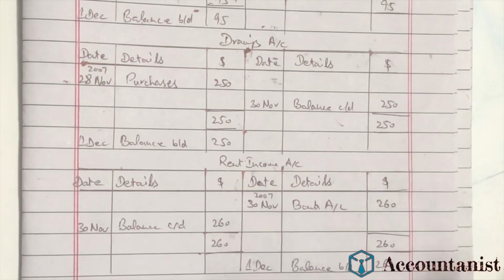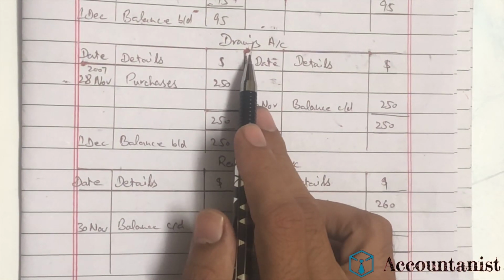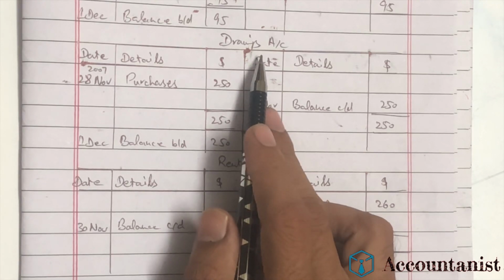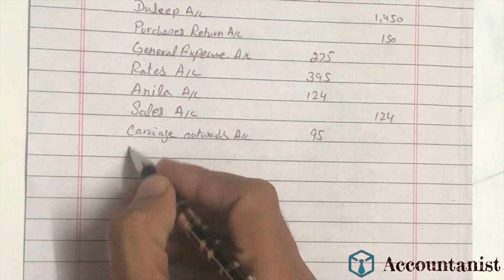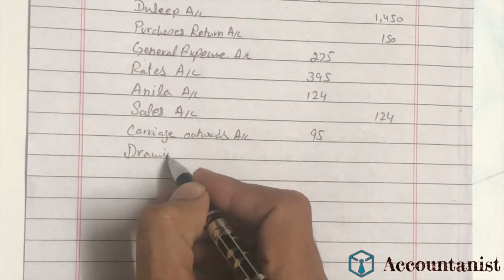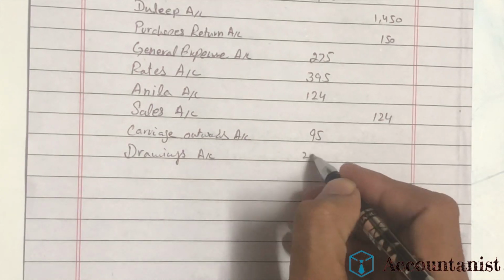So the next account we had is drawings. Drawings has a debit balance 250. So we'll make this account here, drawings account, and it has a balance of 250.